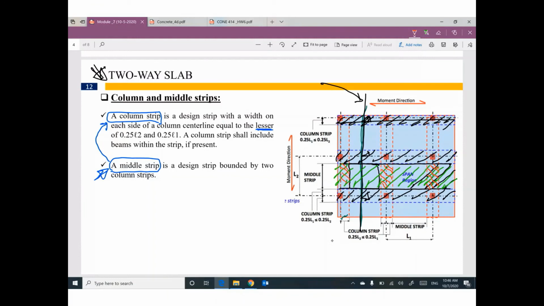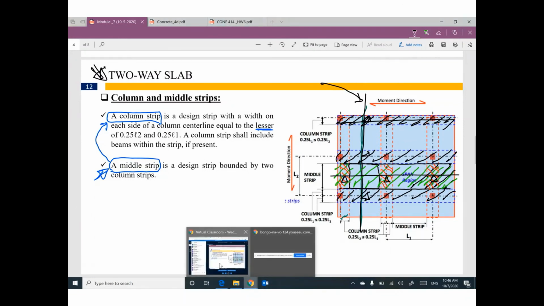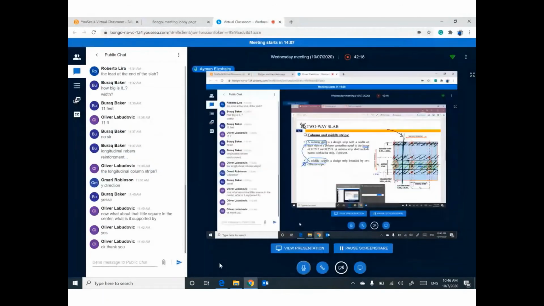But in structural analysis, I'm going to assume this strip looks like a line and the supporting strip looks like one support. But in real life, it's not one line, it's an area supported by another area. Okay, Oliver? Okay, that makes sense.